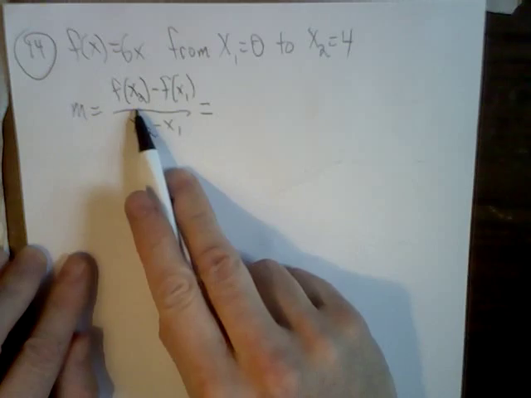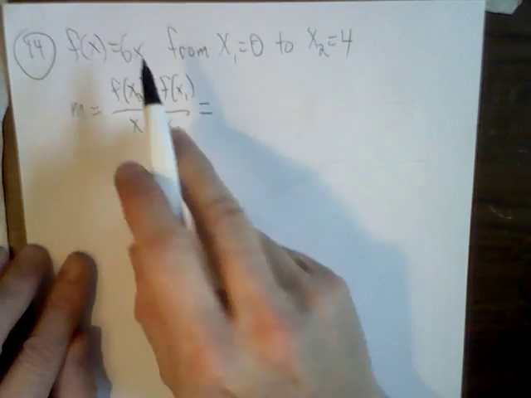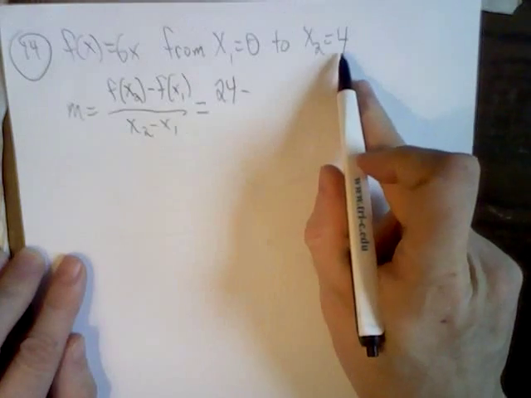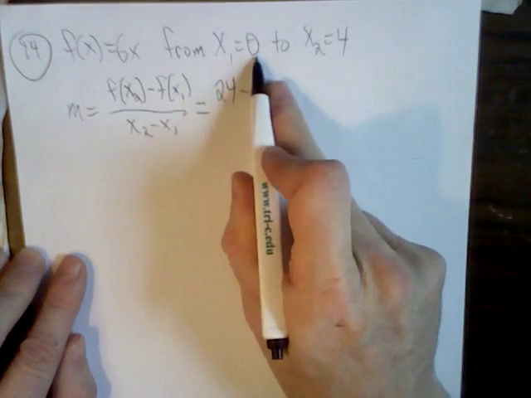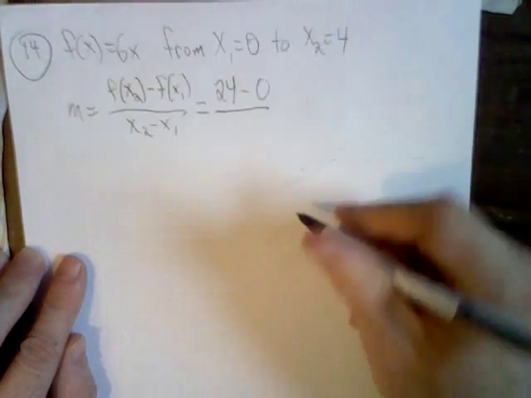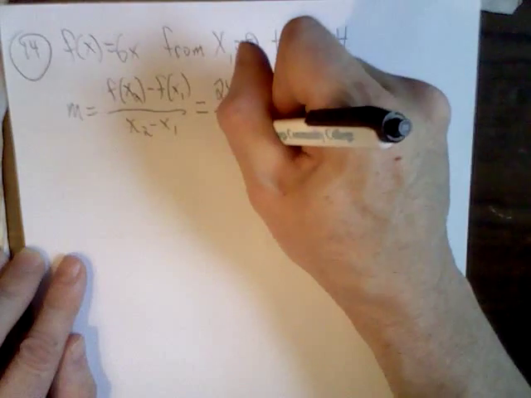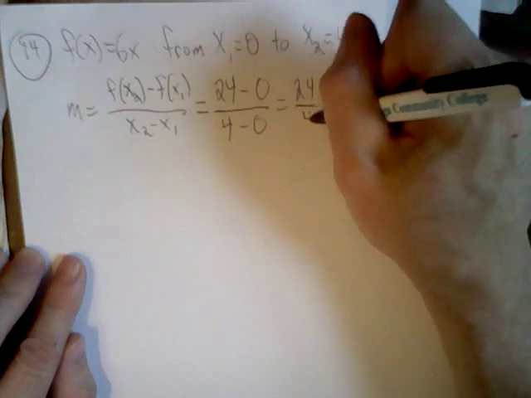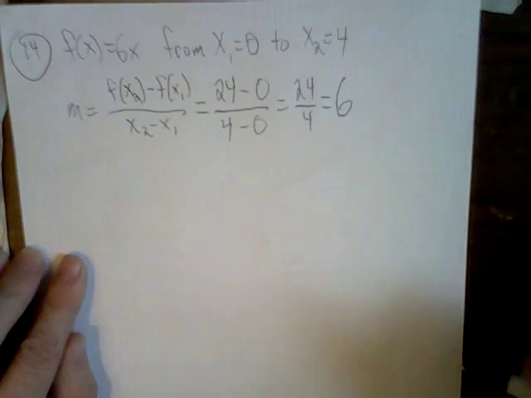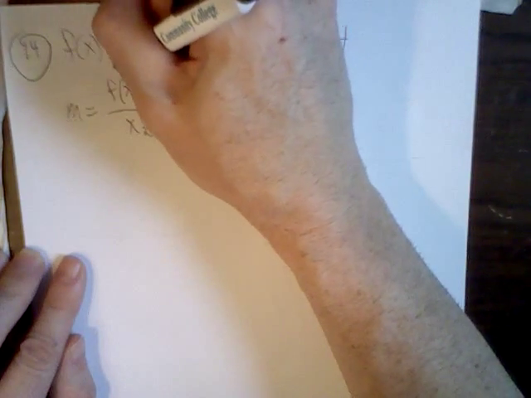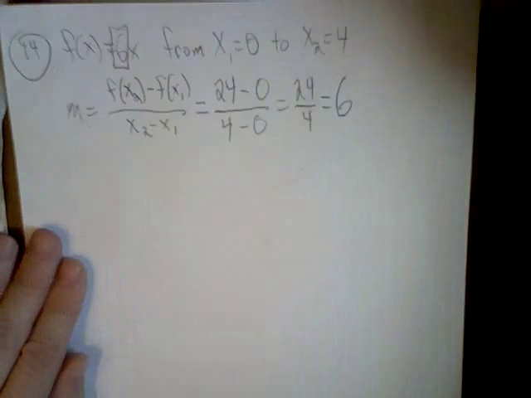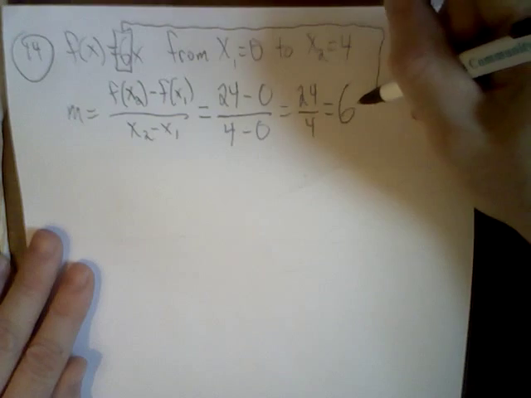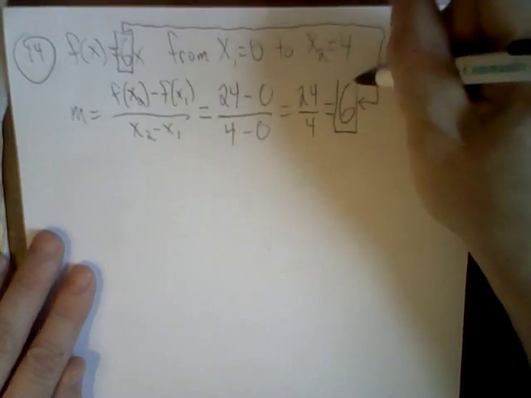So I'm plugging x2, which is 4, into this function. So I'll have 6 times 4 is 24, minus f of x1, so 6 times 0, which is 0, all over x2, which is 4, minus x1, which is 0. So that would be 24 over 4, which is 6. And sure enough, if you remember your slope-intercept form, the slope is 6. And that's what we have here. Okay? You got the same answer that you would expect to get.